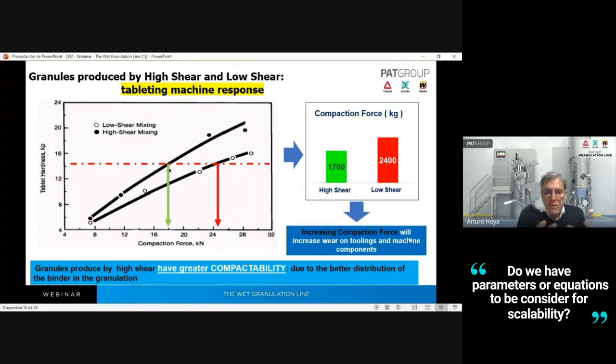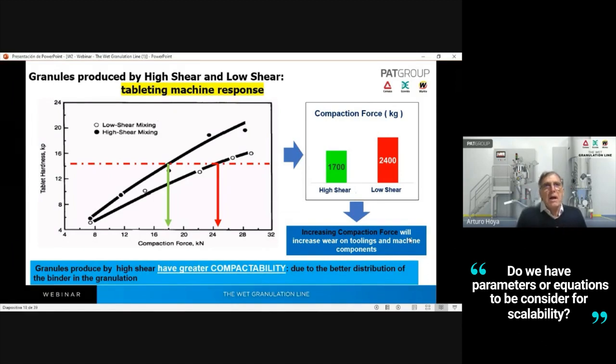If we maintain constant the flow number from the small scale to the large scale, the probability to obtain a similar quality of granule is high.